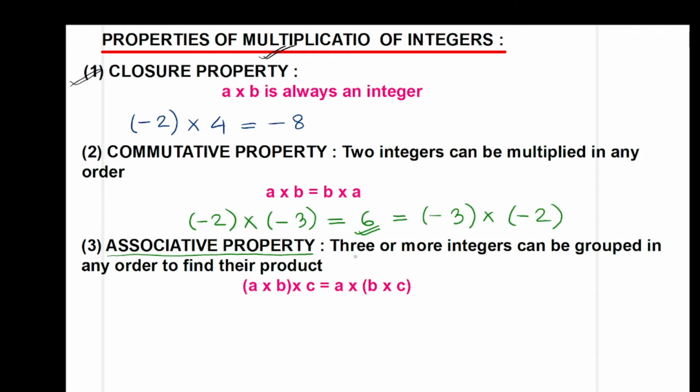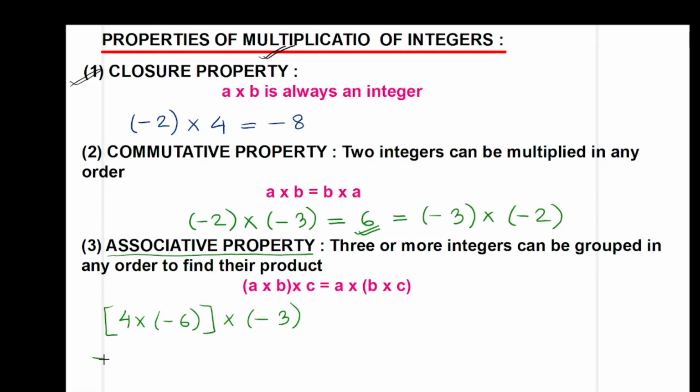Okay. Number 3, associative property. Three or more integers can be grouped in any order to find their product. So here suppose we are taking 4 into minus 6, and into minus 3.